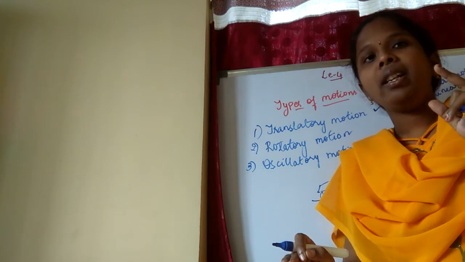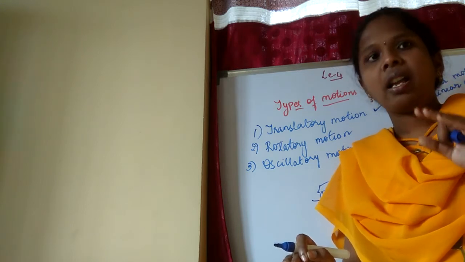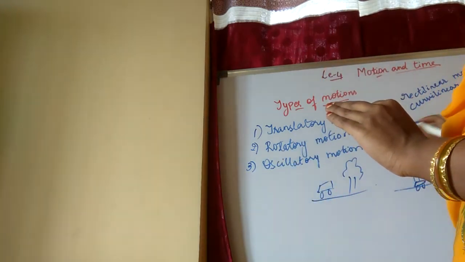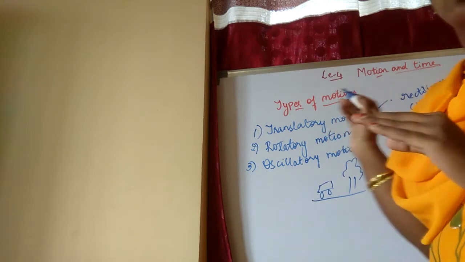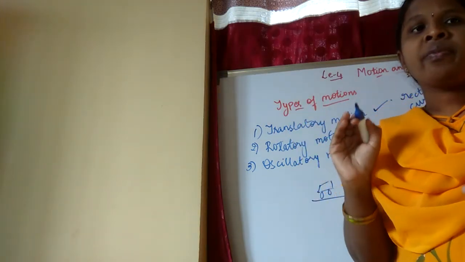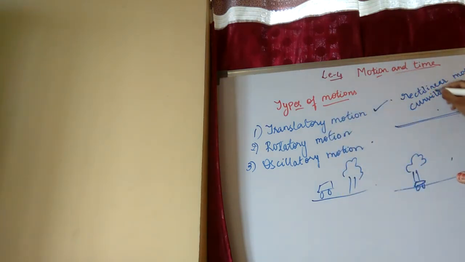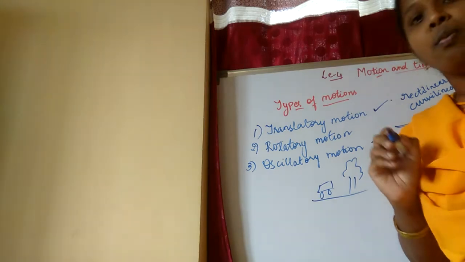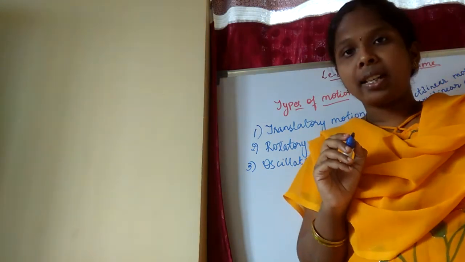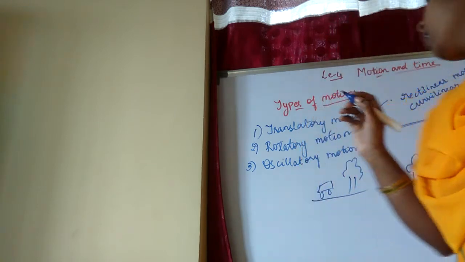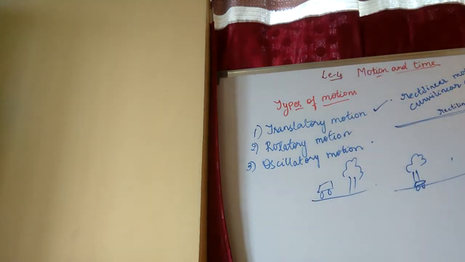If a body in translatory motion moves along a straight line, then we can say that it is rectilinear motion. That motion is called a rectilinear motion.